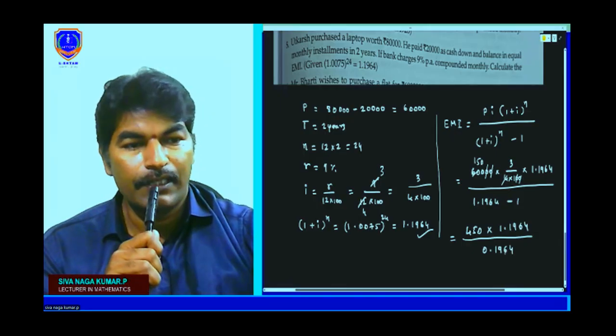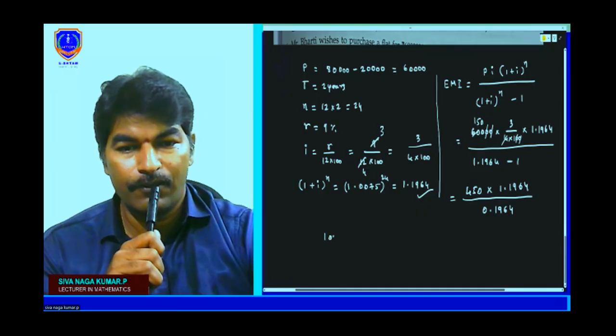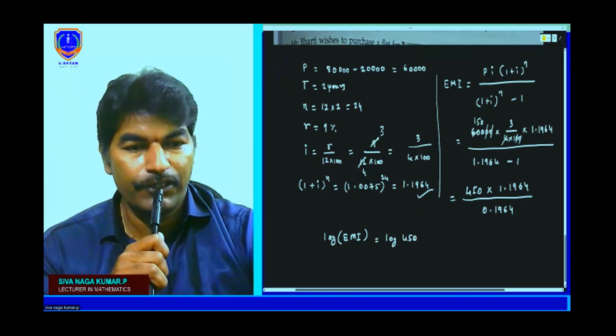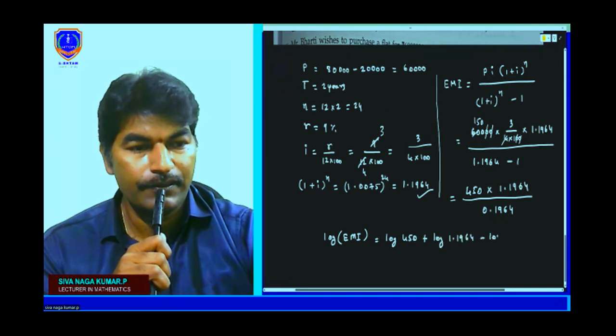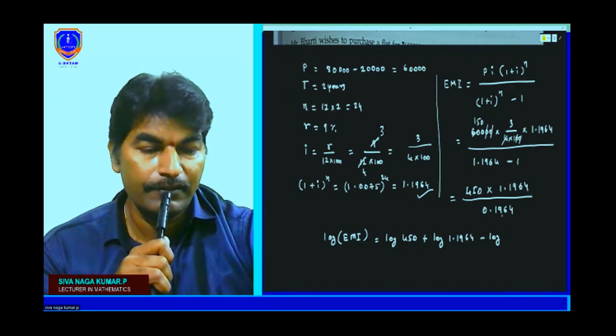So directly we can take logarithm to this EMI. Write down log EMI. So directly I applied log to EMI. Then it will be log 450 plus log 1.1964 minus log 0.1964. While doing this calculation, beware.